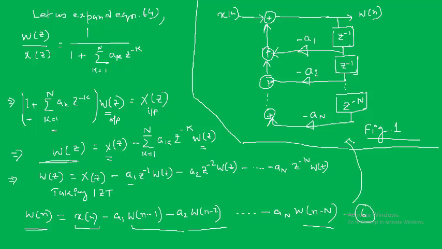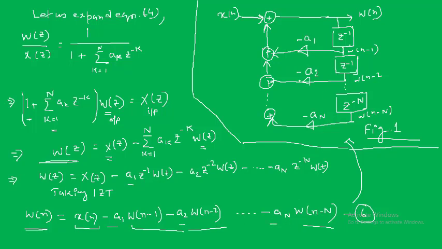We give x of n from here, and we have the delayed versions of w of n. At this point we get w of n minus 1, at this point w of n minus 2, and so on up to w of n minus n. These values we get from here, and the multiplication factors, you see, are minus a1, minus a2, up to minus an.